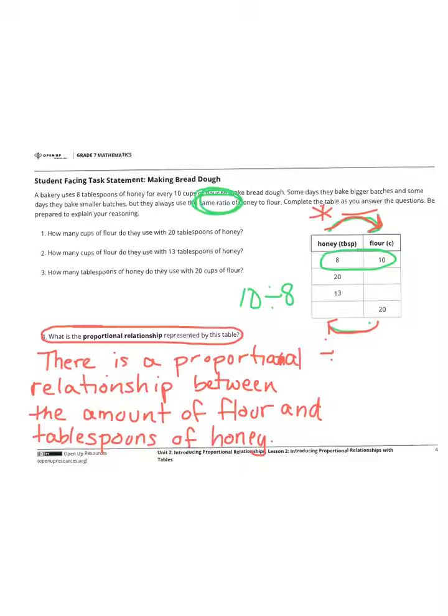We could say this table represents a proportional relationship between flour and honey used in the recipe. There's a lot of different ways to word that, but we want to be able to use that phrase, there is a proportional relationship. It just means that those 2 things are related through a common ratio. And then I want you to go ahead and answer the next question, the next table. And then we will finish out.